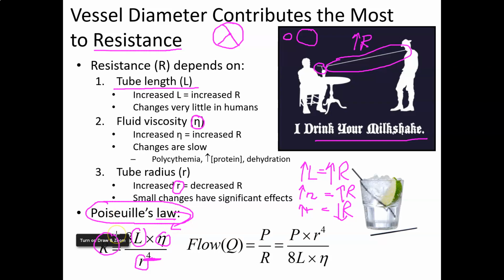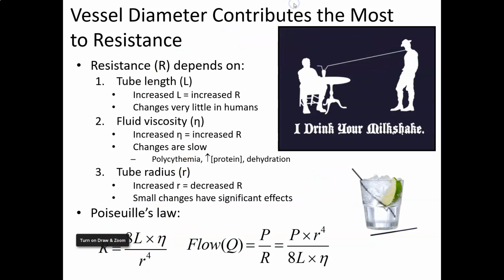Understanding Poiseuille's law is very important, so let's go back and look at it for humans. I'm going to erase all this, and we'll look at this again. Which one has the most effect on humans? Well, there's a couple reasons why radius ultimately does.